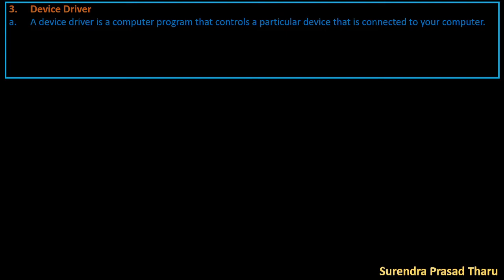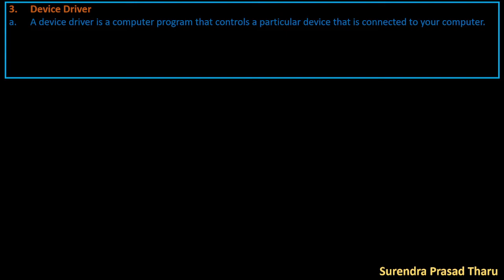But some additional types of hardware can also be connected to the computer system, like scanners and printers. There are different types of printers, scanners, and other devices. They need device drivers so that they can communicate and work under the CPU, under our computer system.